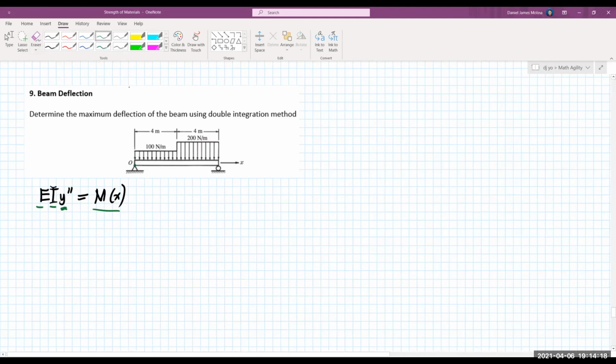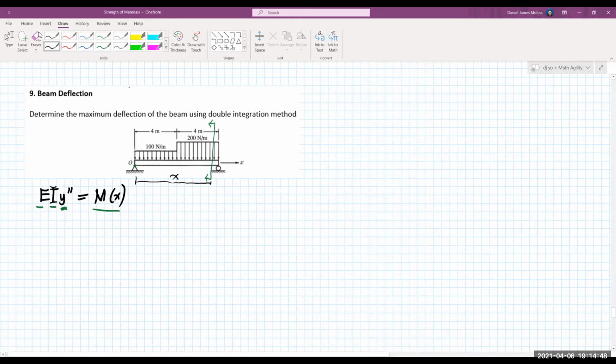This is O, our origin, and then our cutting plane is here, at the last portion of the beam, so that it will cover almost all of our loads. We denote this distance as x, since the value of x will run from the left to the right portion of the beam.